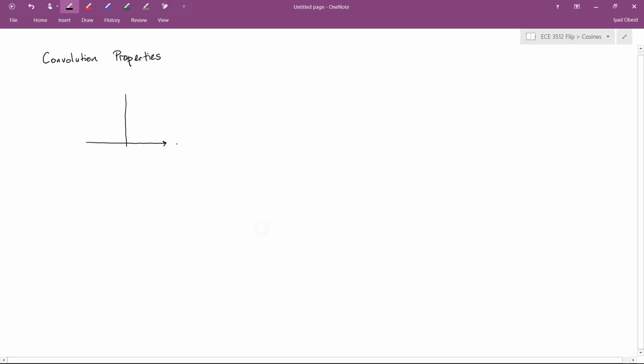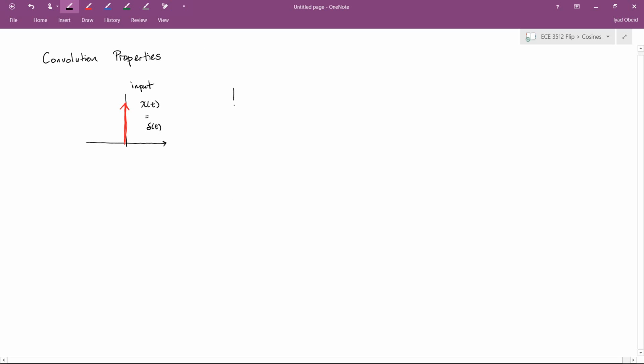So let's start with an impulse. Let's say this is my system input, and we'll call that input x of t. But in this case, my input x of t happens to be the delta function. Okay?